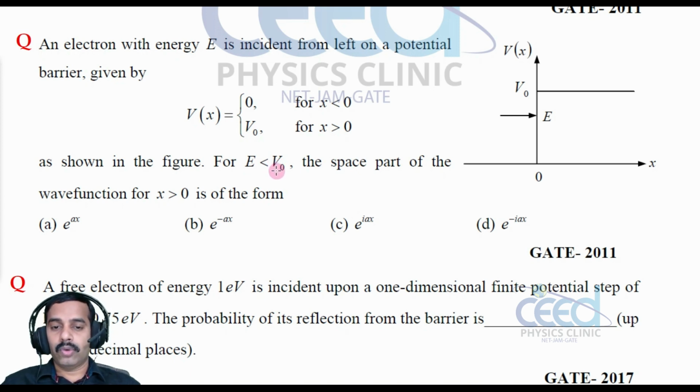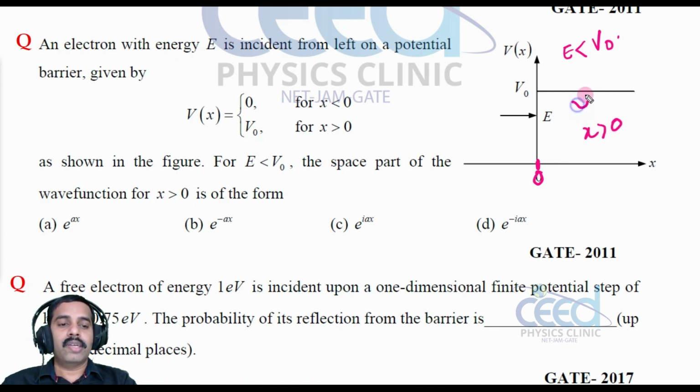Based on that only we can do the calculation. The space part of the wave function for x greater than 0 is... So look into this. We are considering the case E less than V0. That is very important. So x greater than 0 means this region.